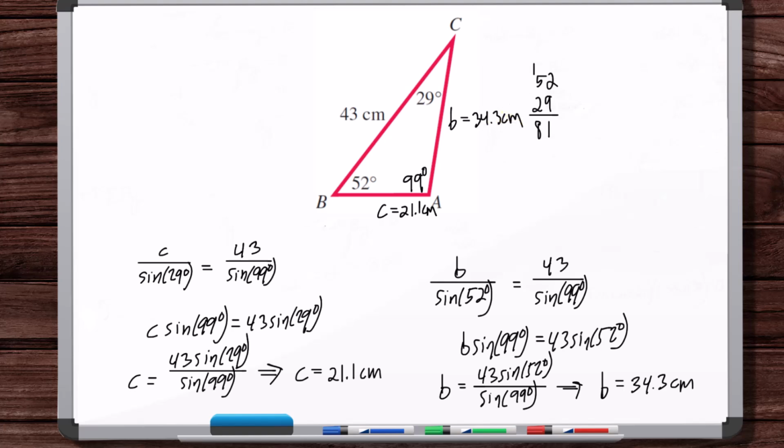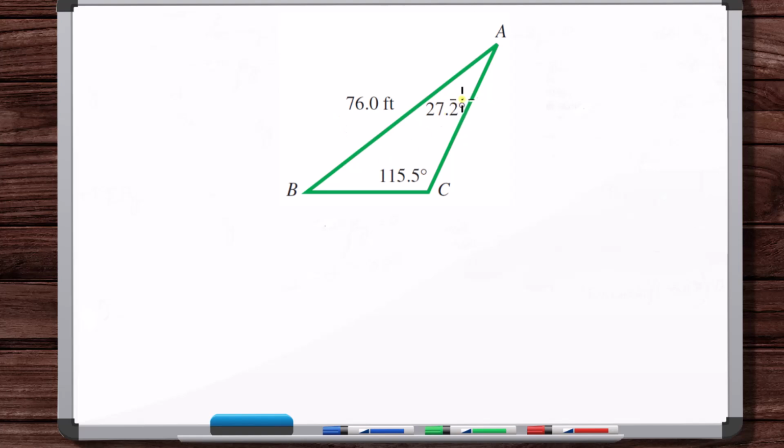Okay, all right, so now we've got these more precise angles. So let's get that third angle: 115.5. Add that to 27.2. So 7, 12, 142.7.